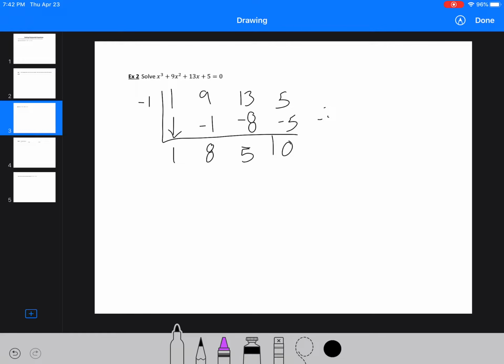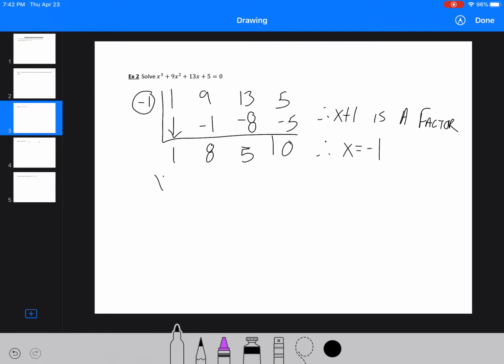So therefore, x plus 1 is a factor, and therefore x equals negative 1. We know that x equals negative 1 because we're putting in the solution over here. That's the same as the last equation as well, but we found it from that factor.